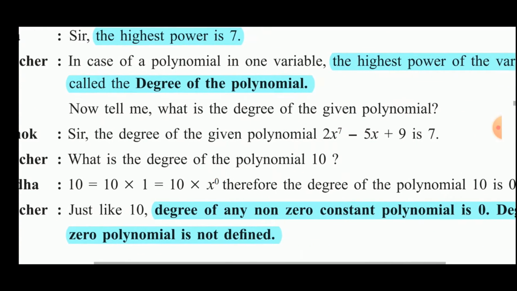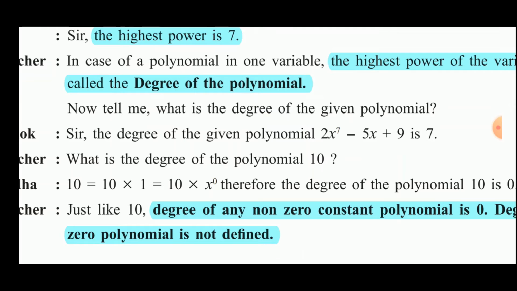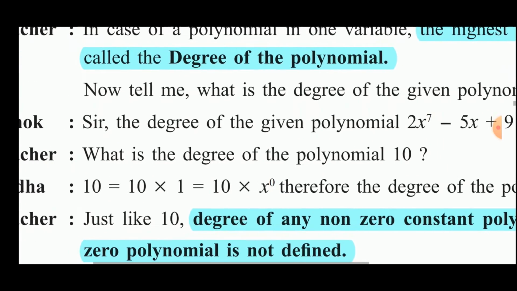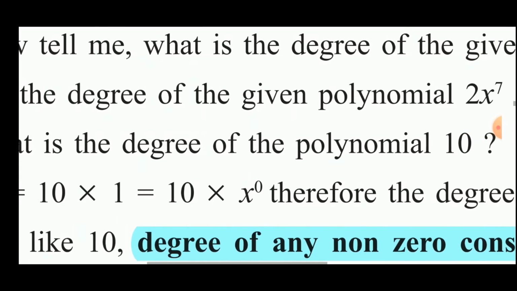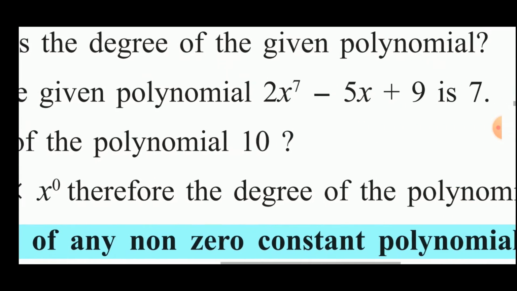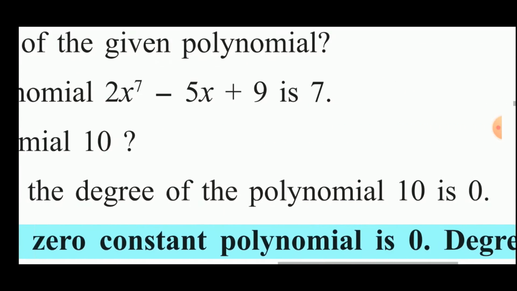Now what is the degree of the polynomial 10? 10 you can write as 10 into 1, which is equal to 10 into x raised to power 0. Therefore the degree of the polynomial 10 is 0.